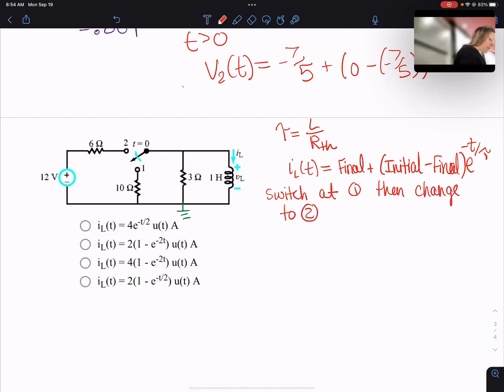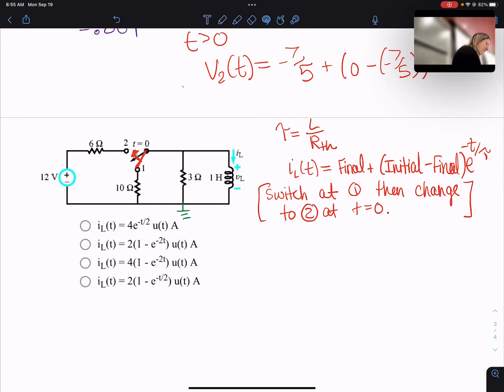So in this one, the switch is starting at 1, and then it moves to 2 at time equals 0. I'm gonna draw it here first. Okay, so it's at 1 first, and then it switches to 2. So what is my IL of 0 gonna be? 0.